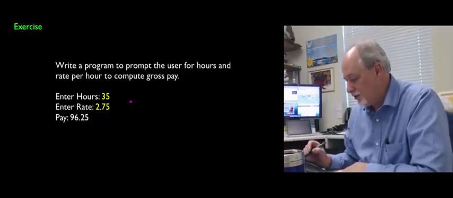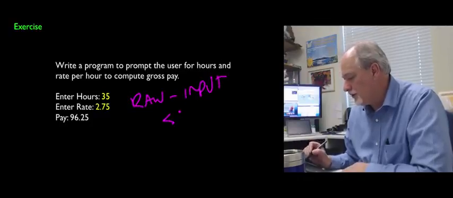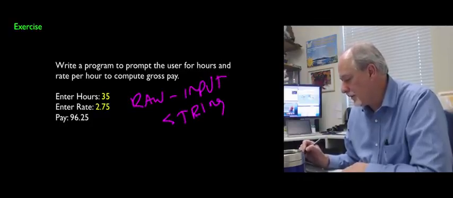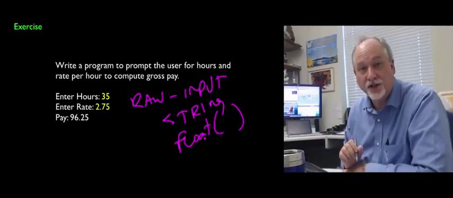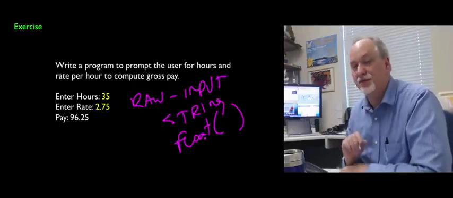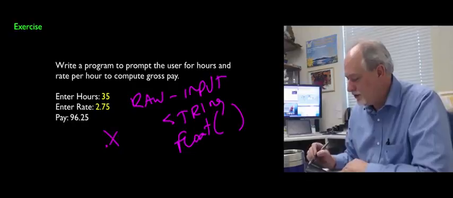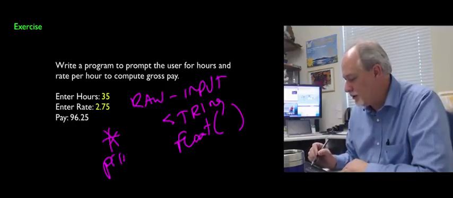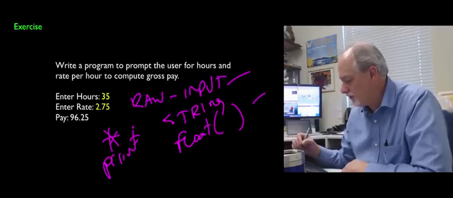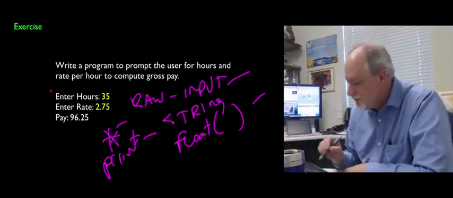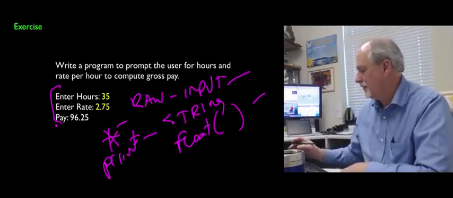You're going to be using raw input, but remember that hands a string in, so you're going to have to use float, the function, to convert it to a floating point number so you can actually do a calculation. And then you're going to have to use multiplication and print. So it's some combination of raw input, float, multiplication, and print, constructed to make your program do exactly this.